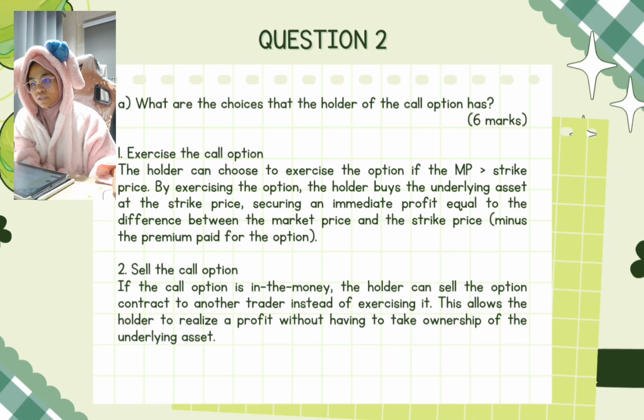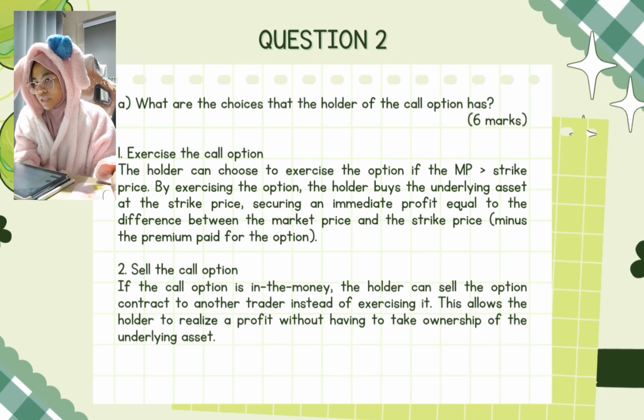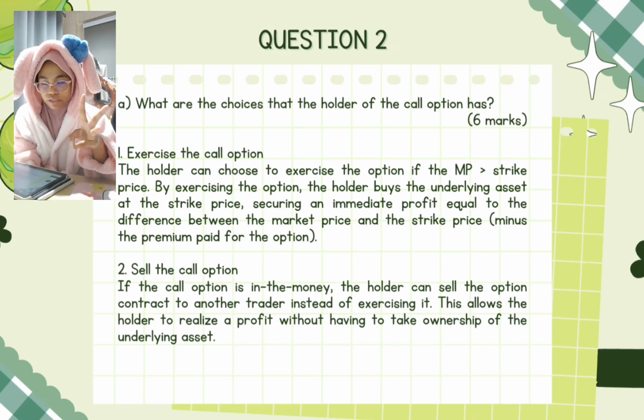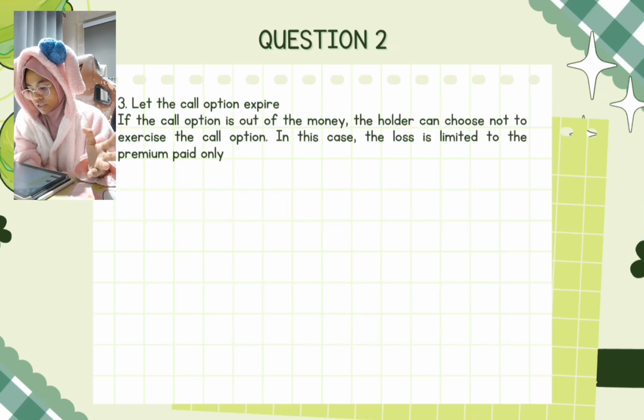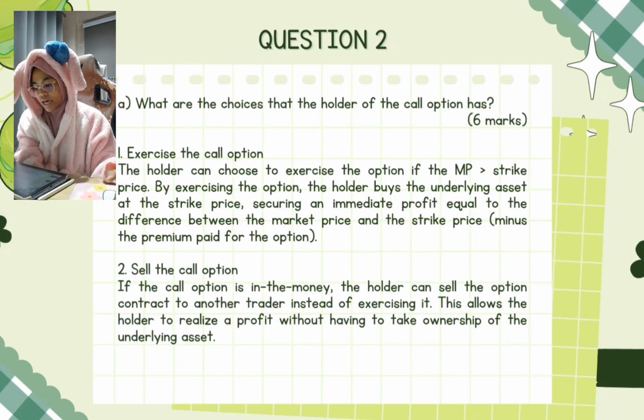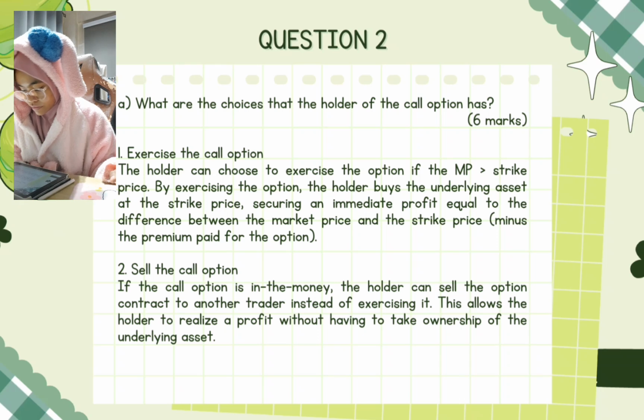So the next question is, what are the choices that the holder of the call option has? They have 3 options: firstly, exercise the call option, sell the call option, or let the call option expire. So firstly, exercise the call option.